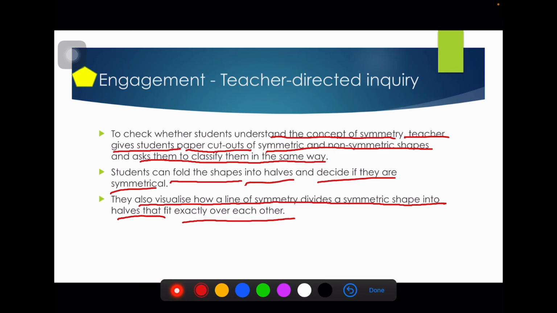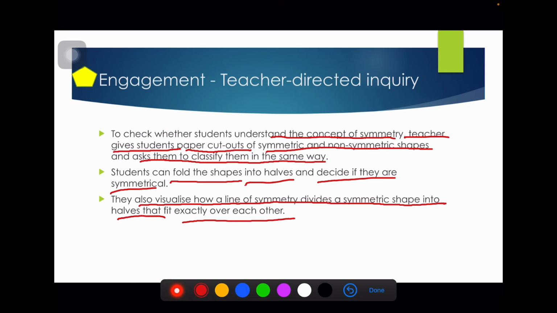So after you have discussed with them the attributes, or the properties, or the characteristics of symmetric shapes, then you give them, let's say, one or two pieces of paper or handout with different kinds of shapes. Ask them to cut it out, and after that come up with a test to see whether the shape is symmetric or not symmetric.